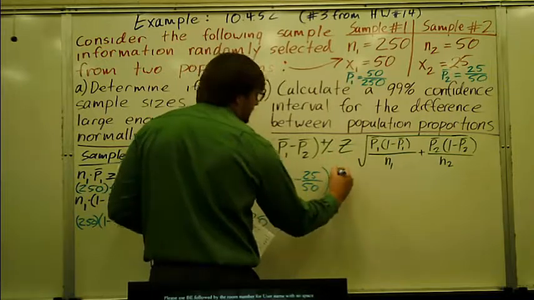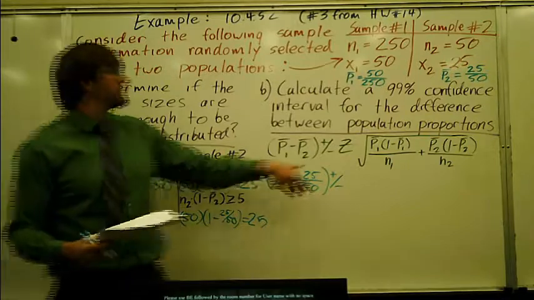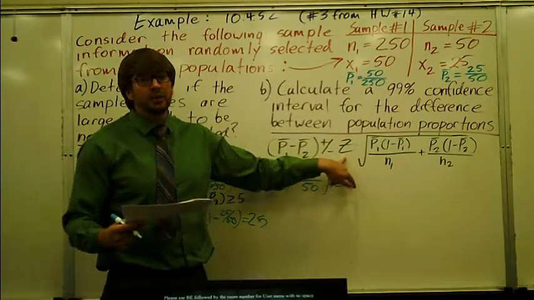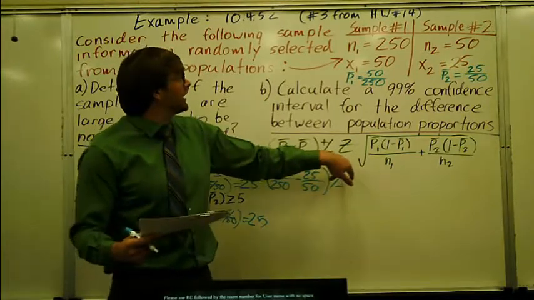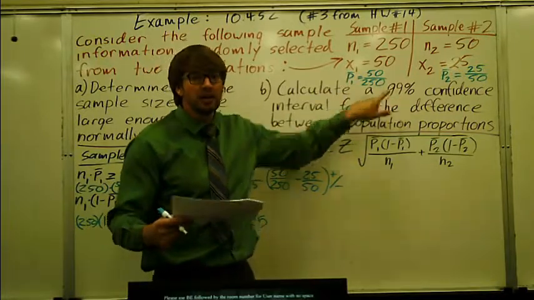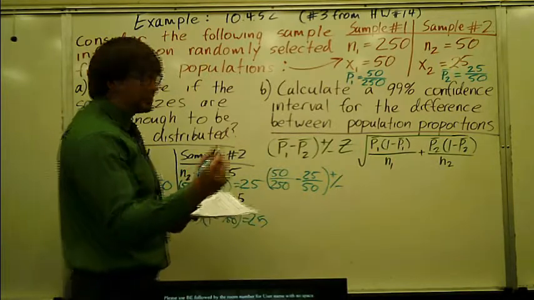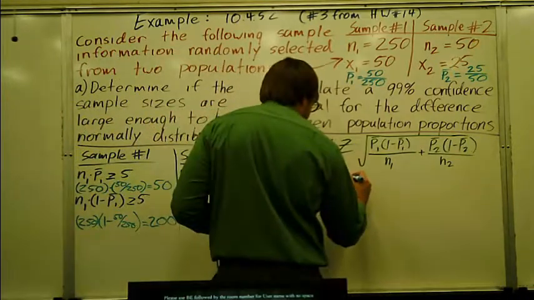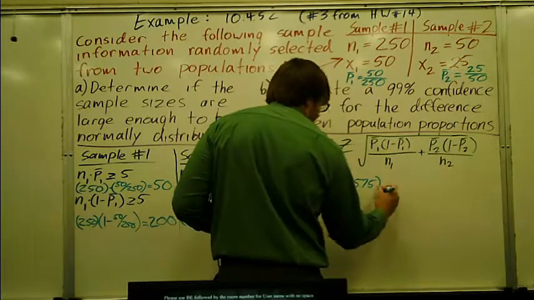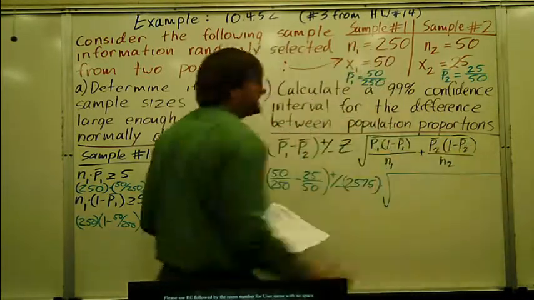Then from the formula, plus or minus. Once again, these population proportion confidence intervals are based on z-scores rather than t-scores. We want the z-score associated with the 99% confidence interval. I looked that up on the standard normal distribution, and I came up with 2.575. And then this is multiplied by all this business over here.